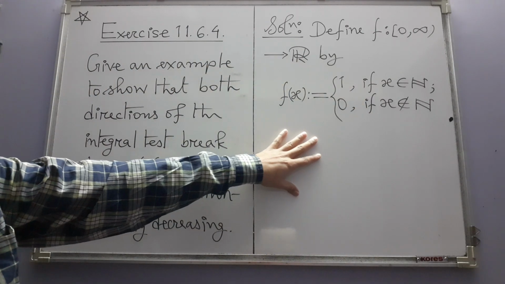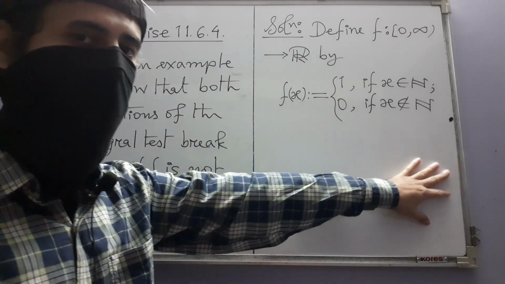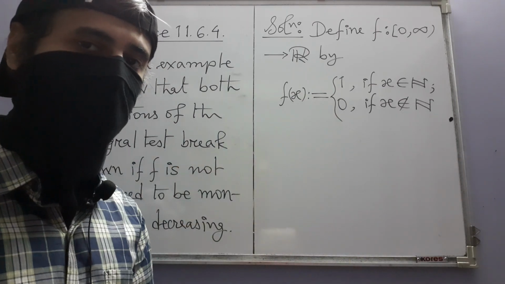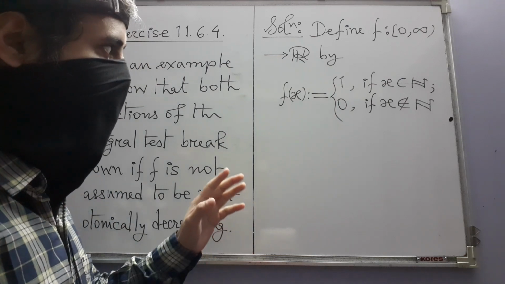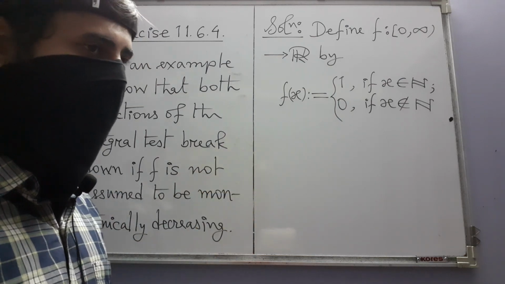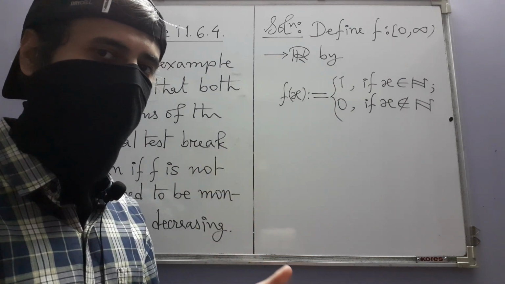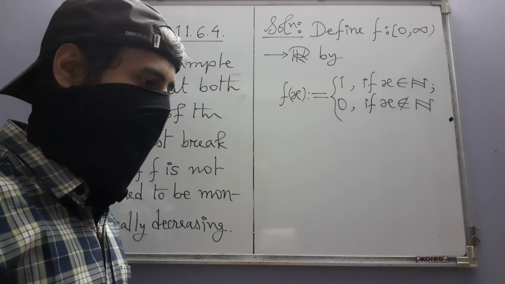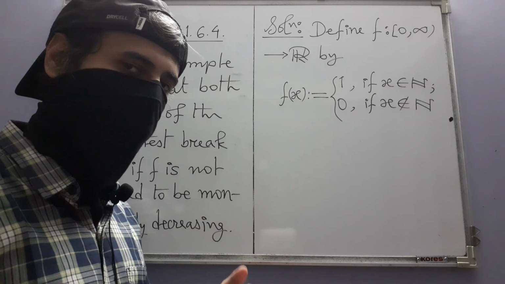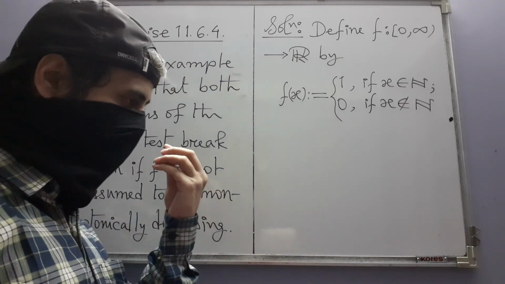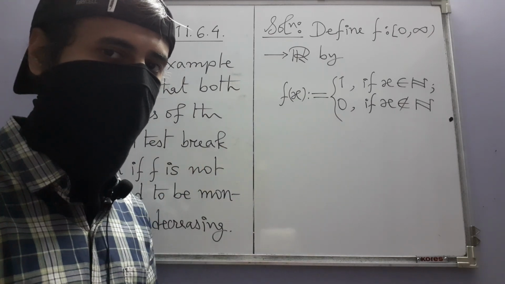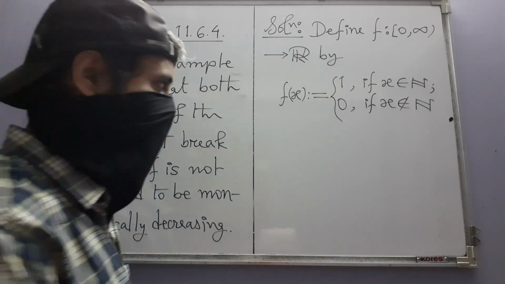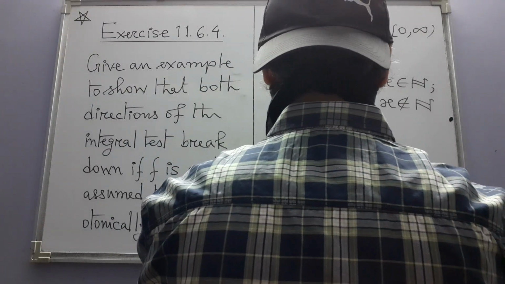Let's take a moment to see what this function looks like if we try to draw its graph. Whenever you define a function like this, a real valued function of a single real variable, if you can draw its graph, then please do it. That way, if you see it in front of you, many things become immediately clear. So let's see what type of graph it has.